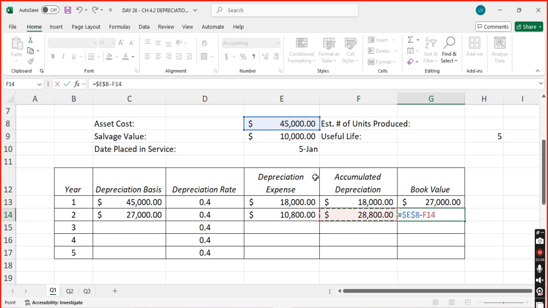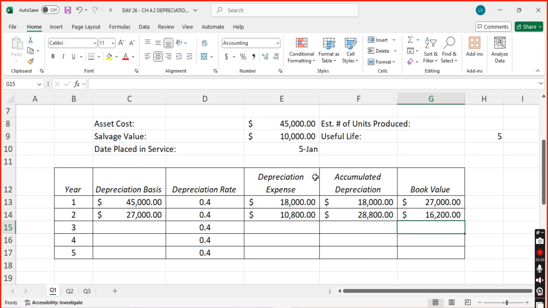Yes. So in this case, yes, you should be left with 16,200. Good.